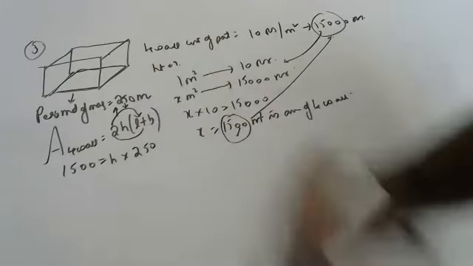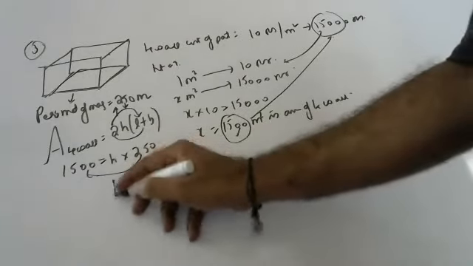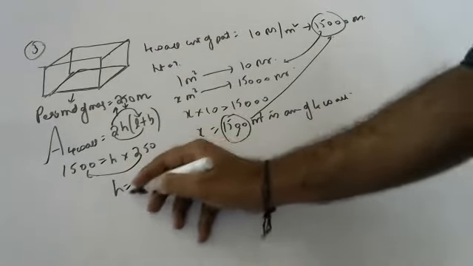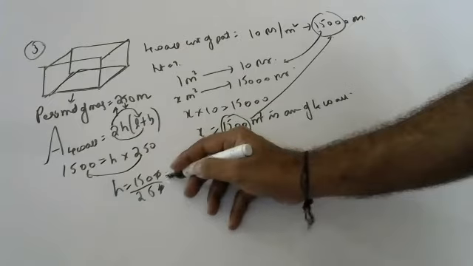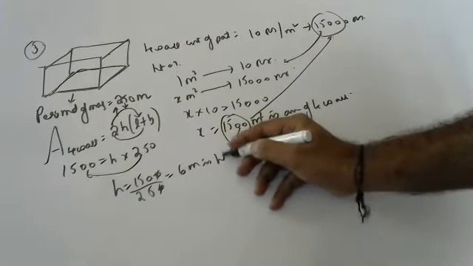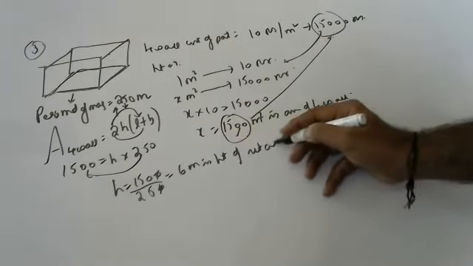So h is equal to 1500 by 250. Please see, children, 6 meters is the height of the rectangular hall.